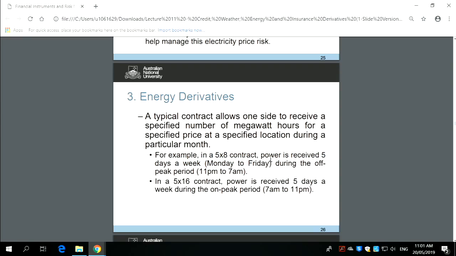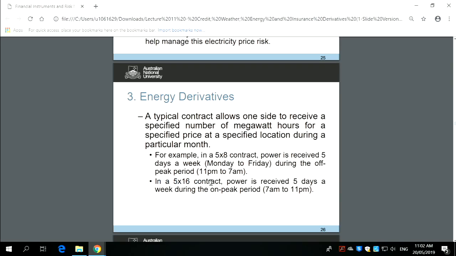This is mainly used for the nighttime when people don't use as much energy. So the way you interpret this 5x8 contract is that this is the 8 hours off-peak from 11 p.m. to 7 a.m. in the morning. And 5 simply means 5 days in a week, from Monday to Friday.